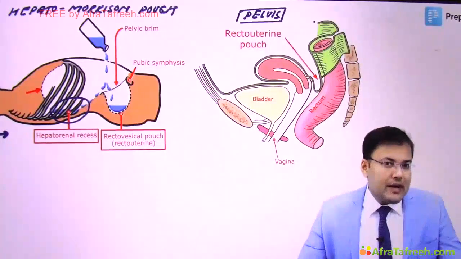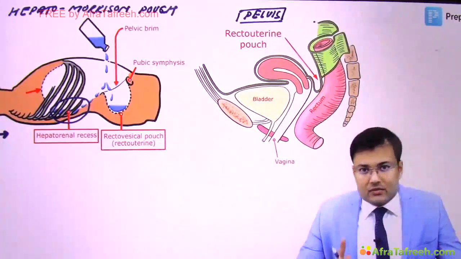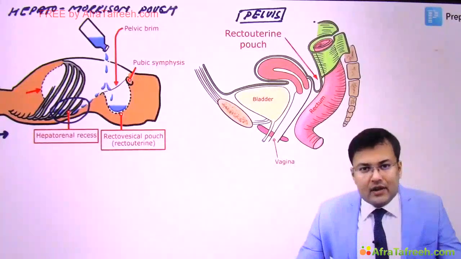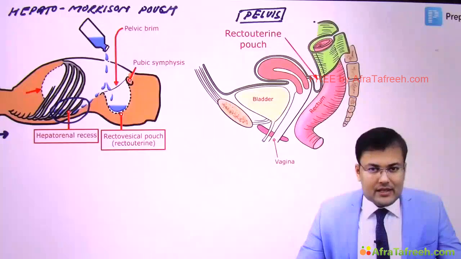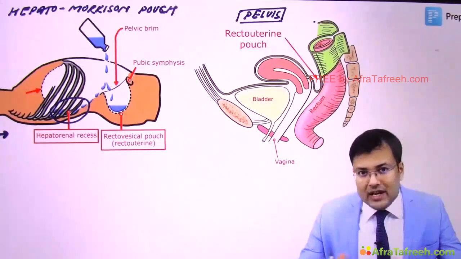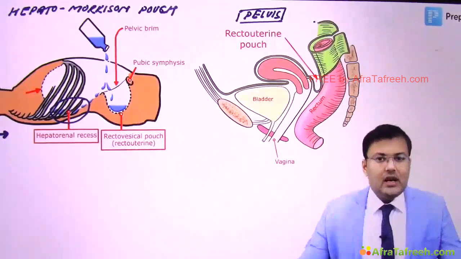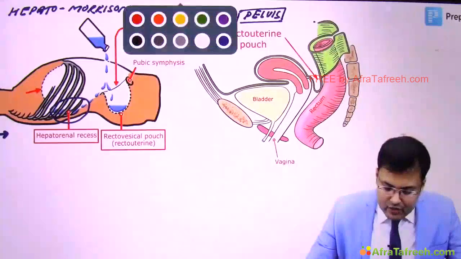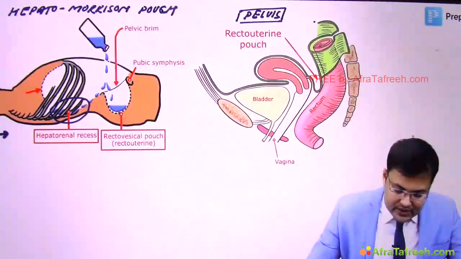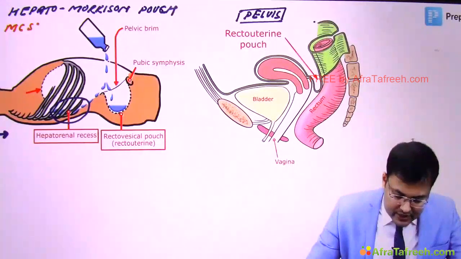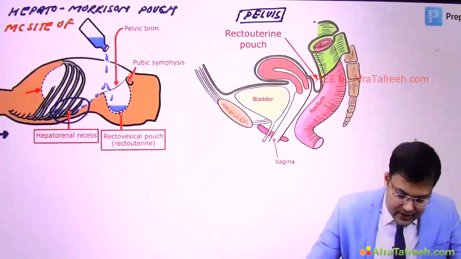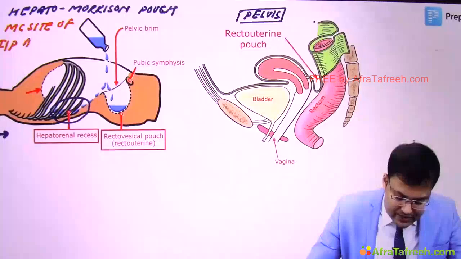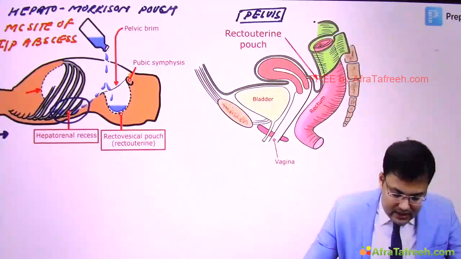It's the hepato-Morrison pouch. And what is the most common site of intraperitoneal abscess if the patient is ambulatory or in the upright posture? That's pelvis. So two important questions. Hepato-Morrison pouch is the most common site of intraperitoneal abscess if the patient is in the lying down position.